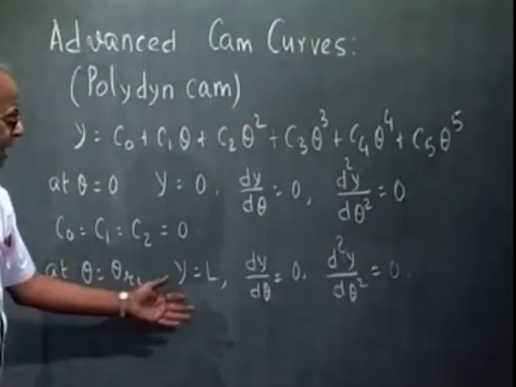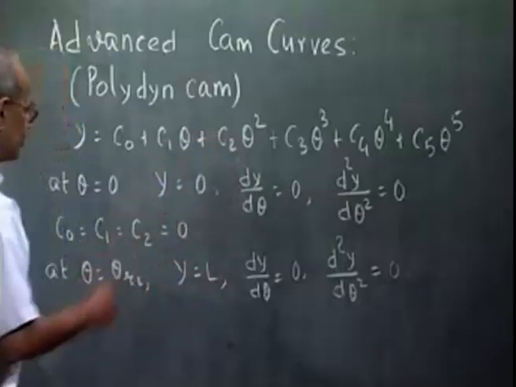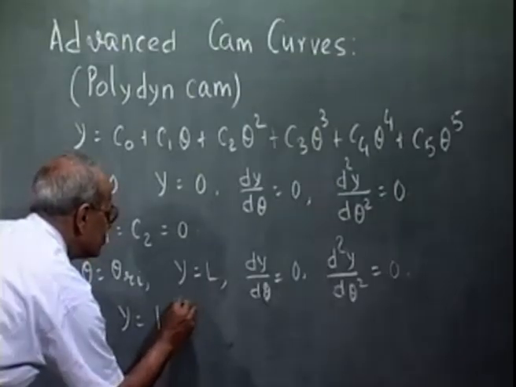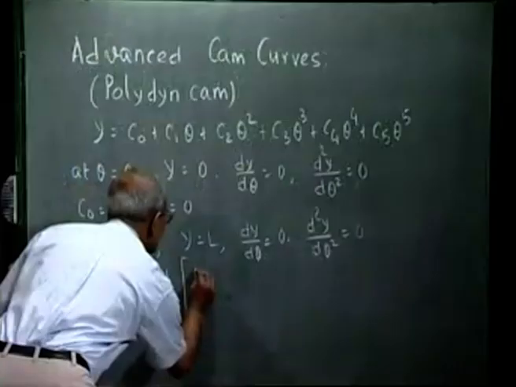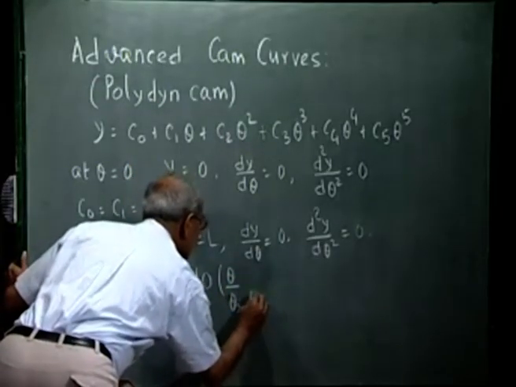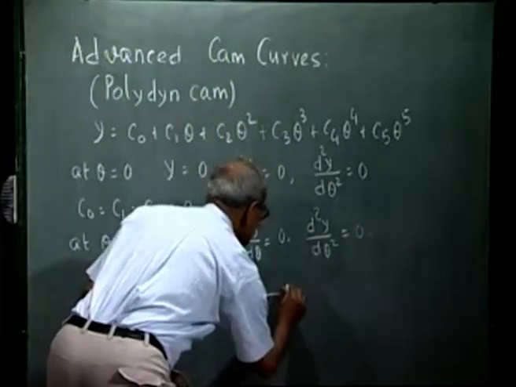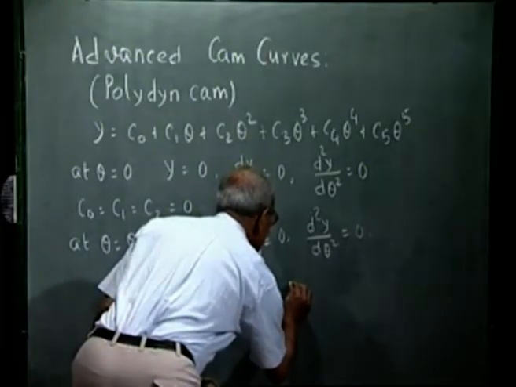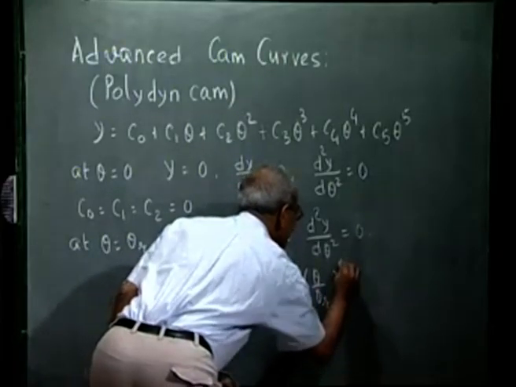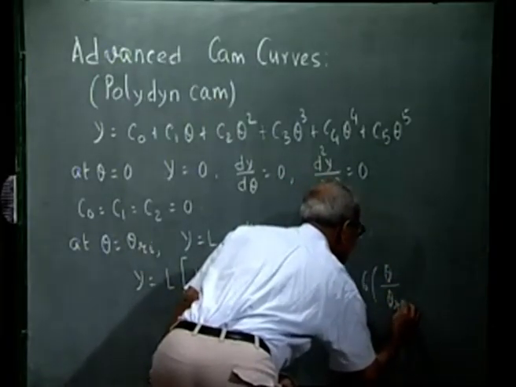You can do it easily, and you can solve the three linear equations you will get in C3, C4 and C5, and if you solve those, you will finally get the expression as y equal to L into [10 (theta by theta Ri) cubed minus 15 (theta by theta Ri) to the power 4 plus 6 (theta by theta Ri) to the power 5].